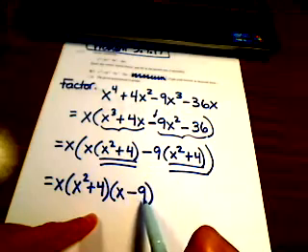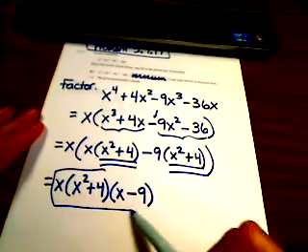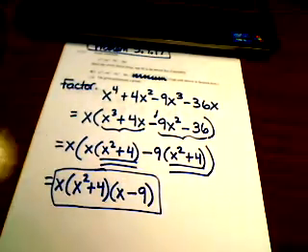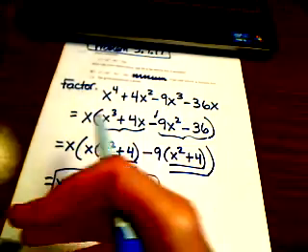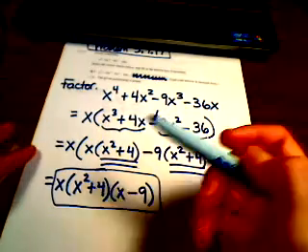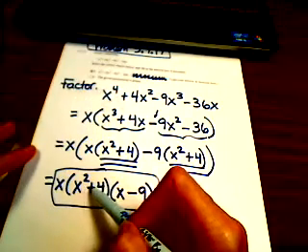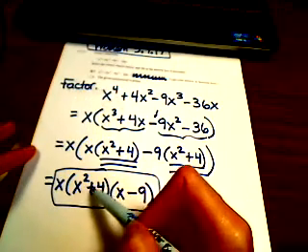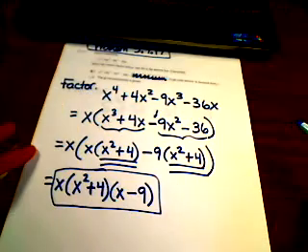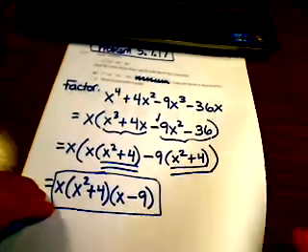So that actually would be your answer. And that doesn't factor any further because this x squared plus 4 is not a difference of squares. It looks like it might be, but it's missing the minus sign. If it had a minus sign right here, then it would be a difference of squares and it would go further. But it doesn't. So that's that problem.